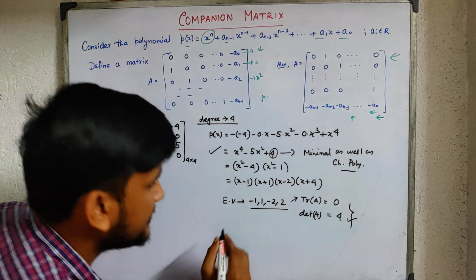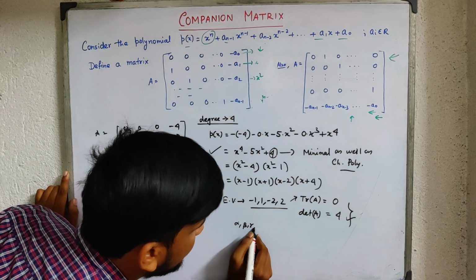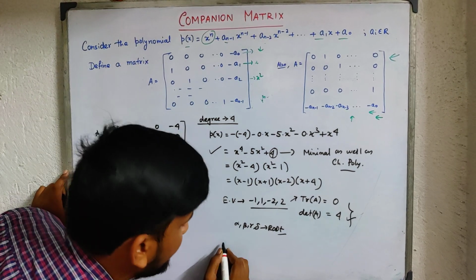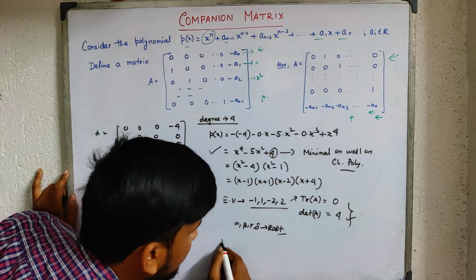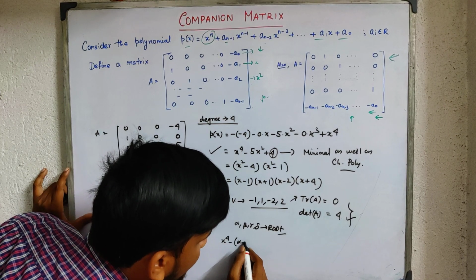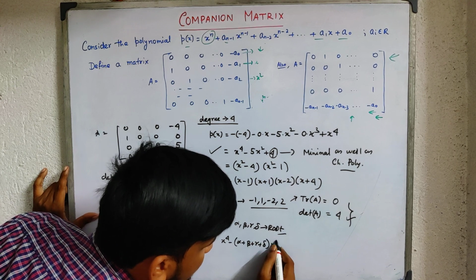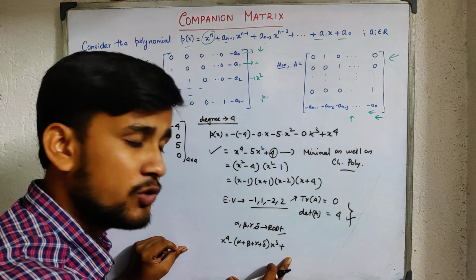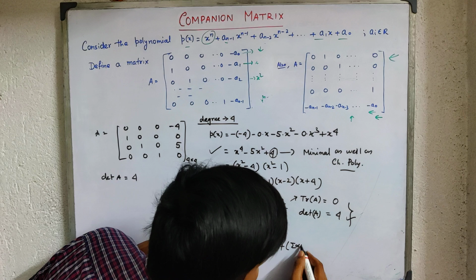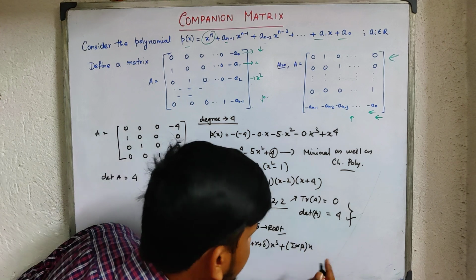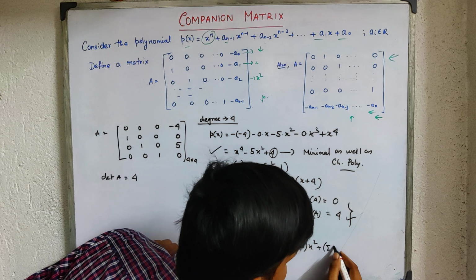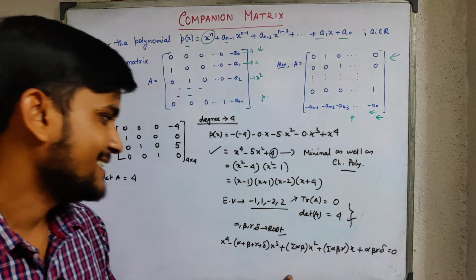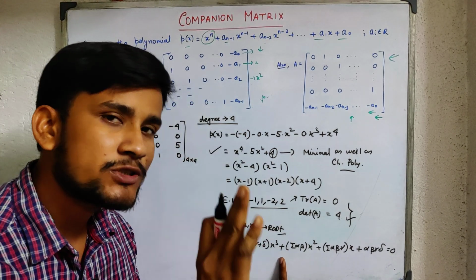This is a 4 by 4 matrix, and if alpha, beta, gamma, delta are the roots of this fourth order polynomial, then we can write the polynomial as x to the power 4 minus (alpha plus beta plus gamma plus delta) times x cube, plus the sum of the products of roots taken 2 at a time, alpha beta, times x square, then taking 3 at a time, times x, plus alpha beta gamma delta. This is the procedure if we know the 4 roots of a fourth order polynomial.